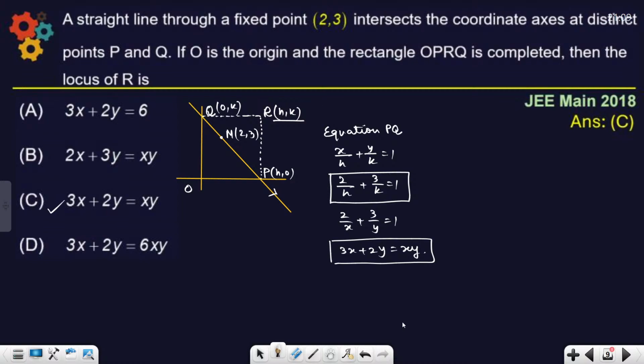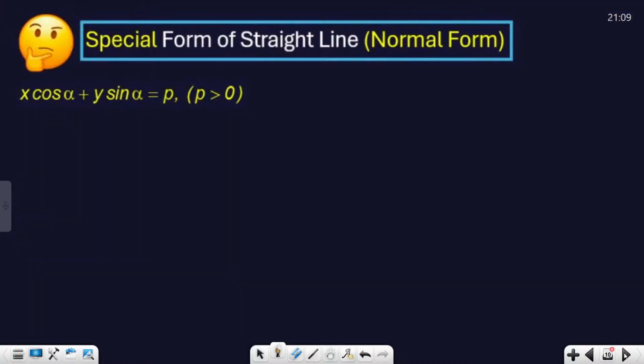Is it clear? Now, let us move to the next concept, which is called the special form of straight lines. We have already discussed different forms of straight lines: intercept form, slope point form, two-point form, and a lot of things we have all done.